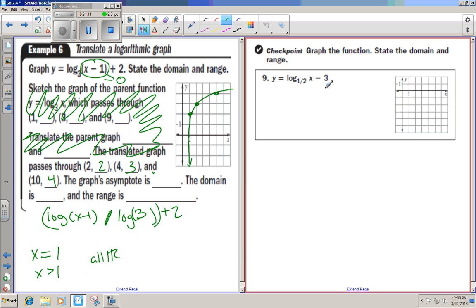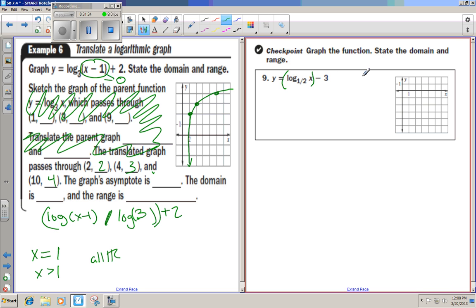So let's take a look at checkpoint number 9. This has to be viewed in your calculator. Since there are no parentheses around the x minus 3, it's log base 1/2 of x.